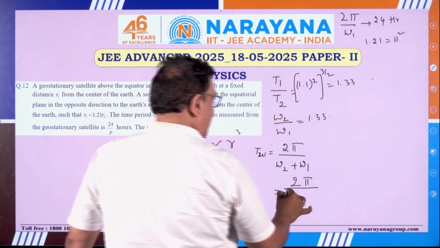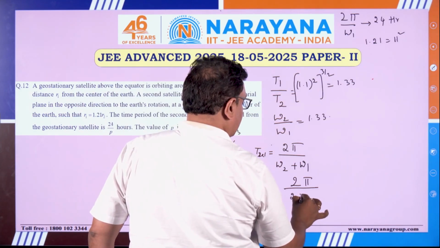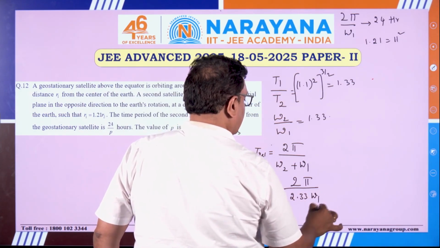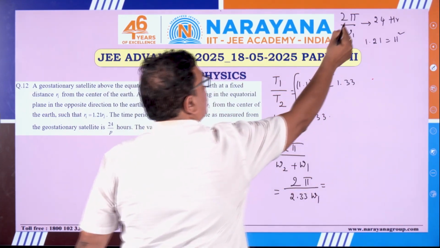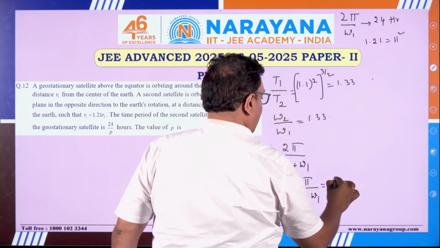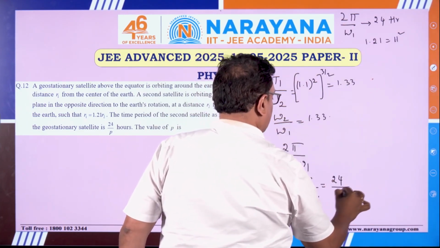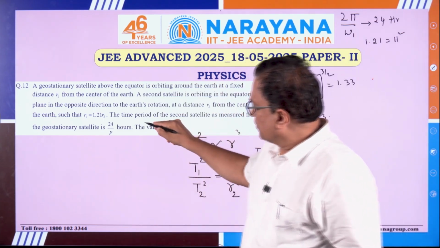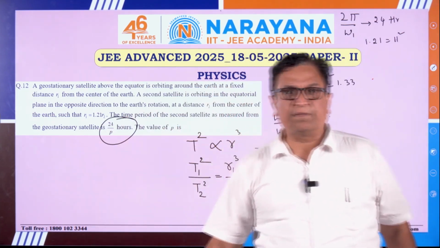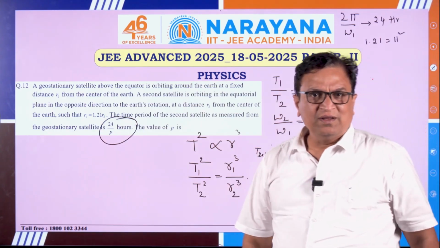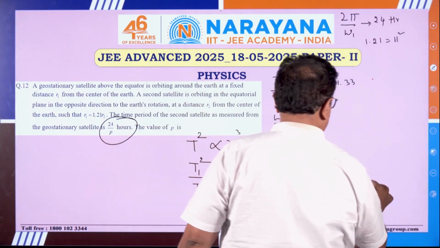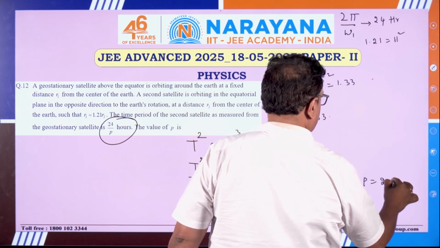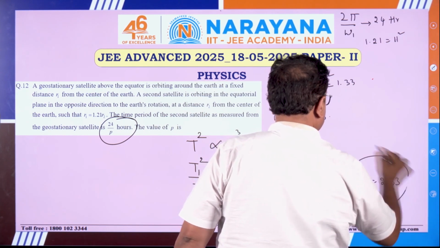So therefore, you can make it 2.33 omega 1. Remember, wherever you have 2 pi by omega 1, I will write it as 24. So 24 by 2.33. What do you want? Your answer to be expressed as 24 by p hours. Therefore, p is nothing but 2.33. That is your answer.